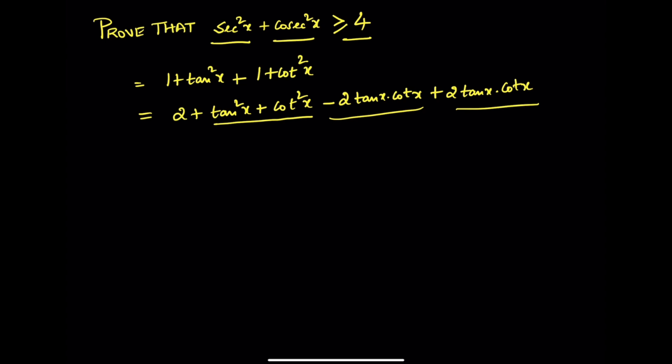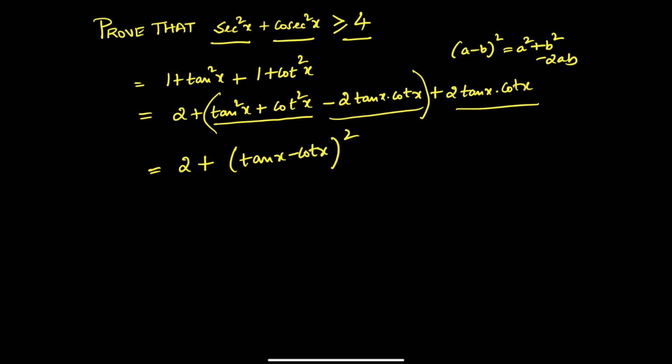But it gives us a chance to apply the algebraic equation, which is a minus b the whole square, which is a square plus b square minus 2ab. So let's apply this. So we will have 2 plus tan x minus cot x the whole square plus 2 tan x cot x.